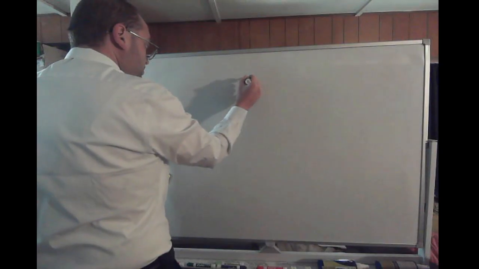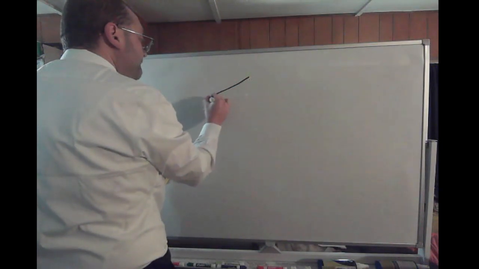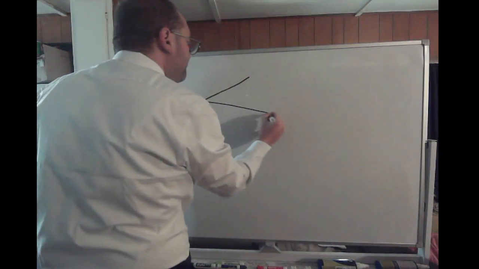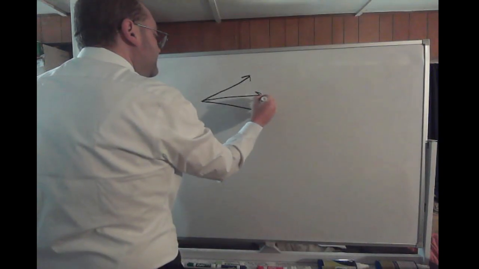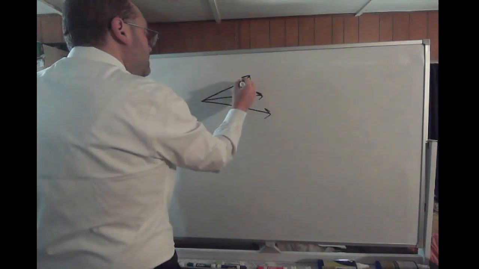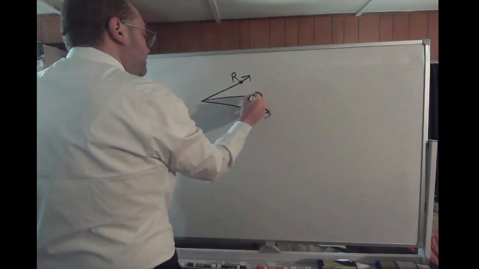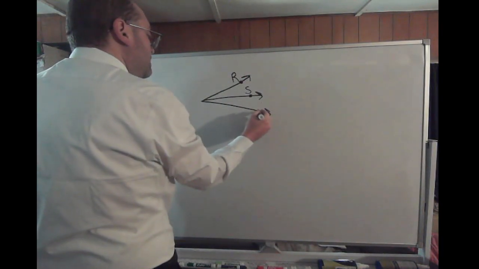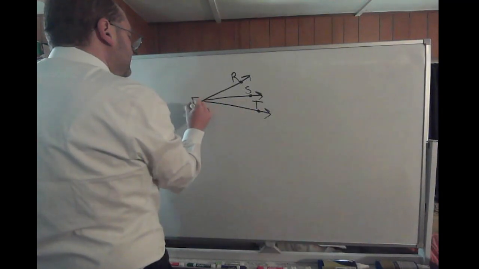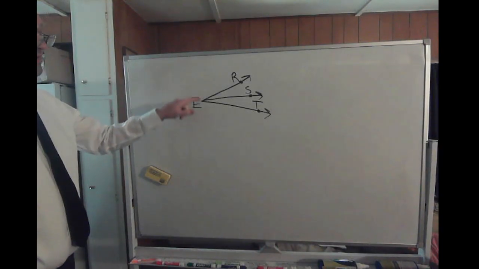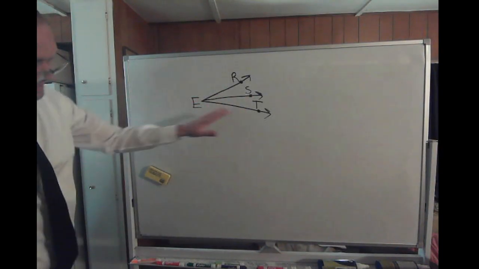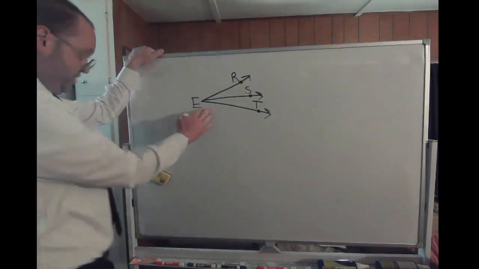Now something a little bit different here. What if we had 3 rays, and they still all come together at the same endpoint, E, but you have ray ER, ray ES, and ray ET all starting from the same endpoint.